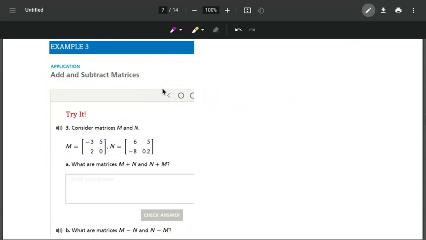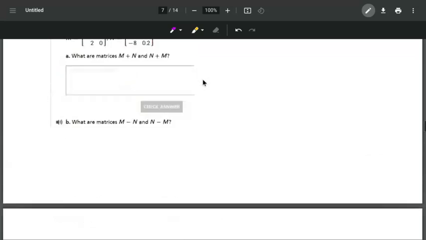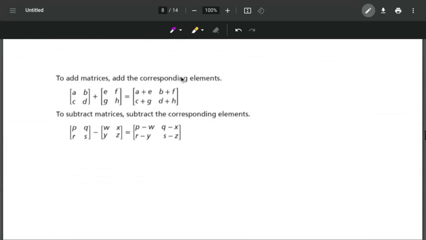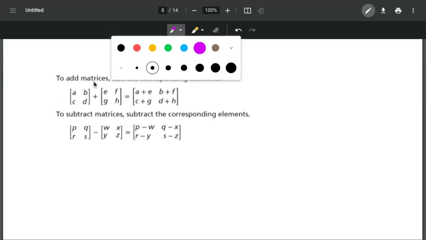Example 3 deals with adding and subtracting matrices. To add and subtract matrices, here's what you do. You're going to add the corresponding elements. So if I'm going to add matrix A, B, C, D plus matrix E, F, G, H, then I add the corresponding elements.